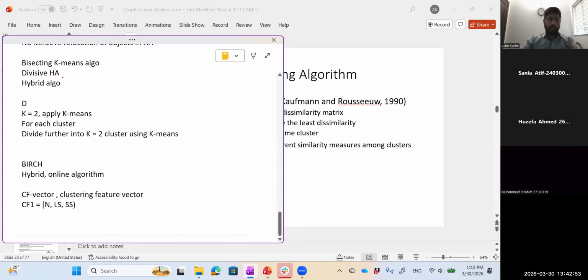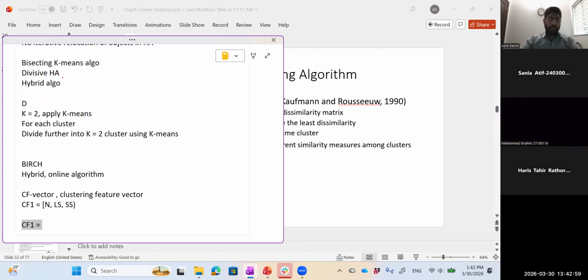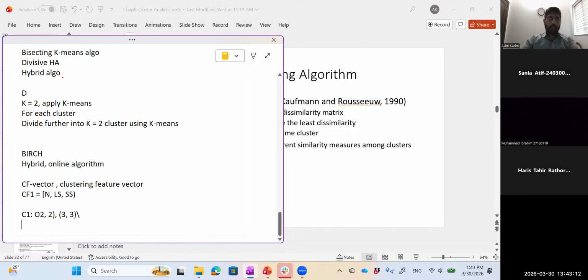So let me just take an example. Let's say CF1. 2D data ले लेता हूँ, (2, 2) and (3, 3). ठीक है? So this is, let's say, our cluster 1. इसका CF क्या होगा? How many objects do we have? We have 2 objects, right? So N is 2.